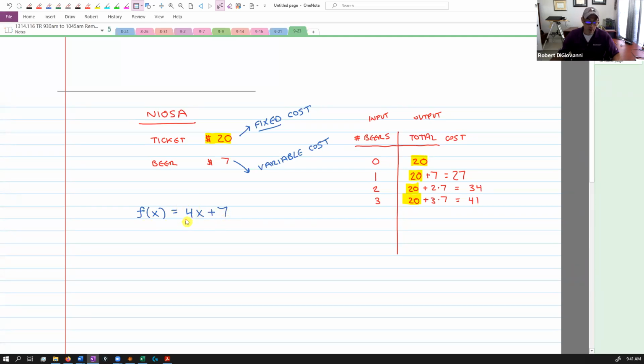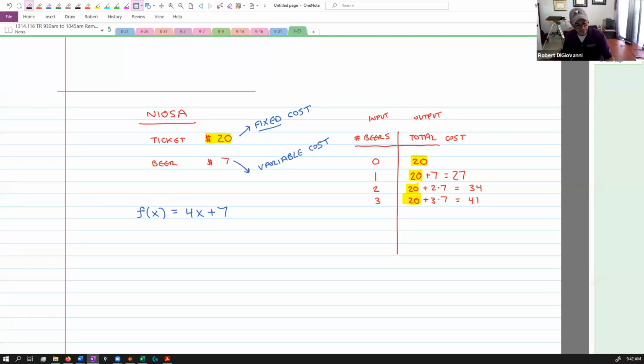Notice that in this equation, no matter what x is, 7 is always 7, right? So no matter what I plug in for x, the 7 always stays there. And then this right here, the 4 times x, that value will actually depend on what I plug in for x. And that's very similar to what's happening over here. The 20 is always going to stay there. And then the rest of it is always going to be 7 times however many beers we have.